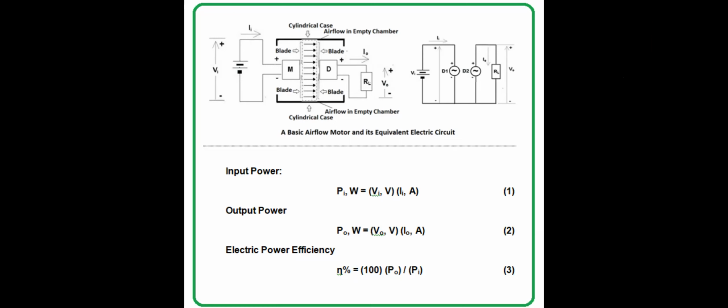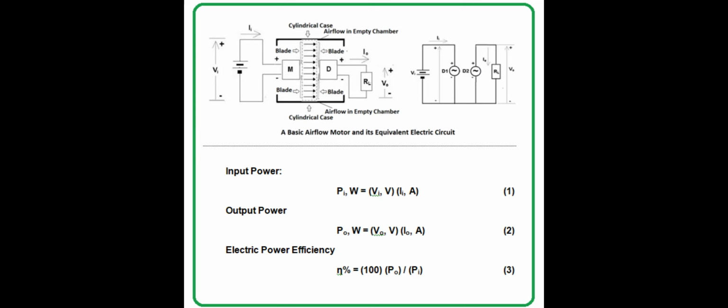Now it is time to introduce some formulae to define the input and output electric power and the efficiency of this basic airflow motor. Let us call VI and II the input voltage and the input current respectively that the power supply will apply to the fan motor.